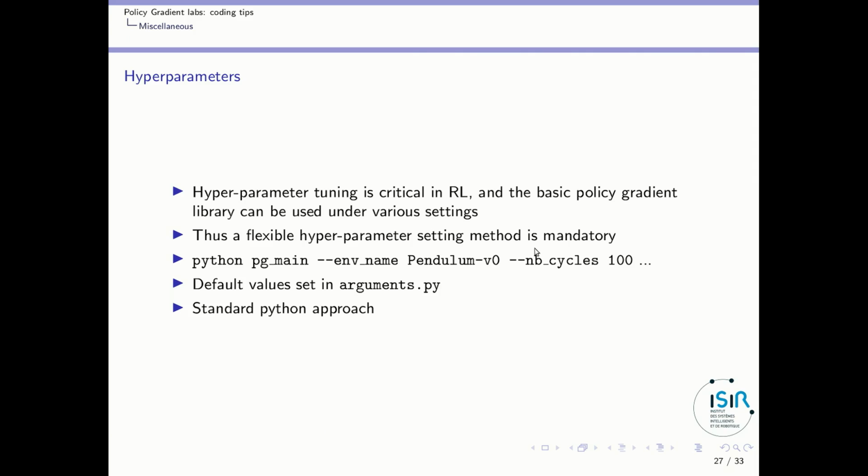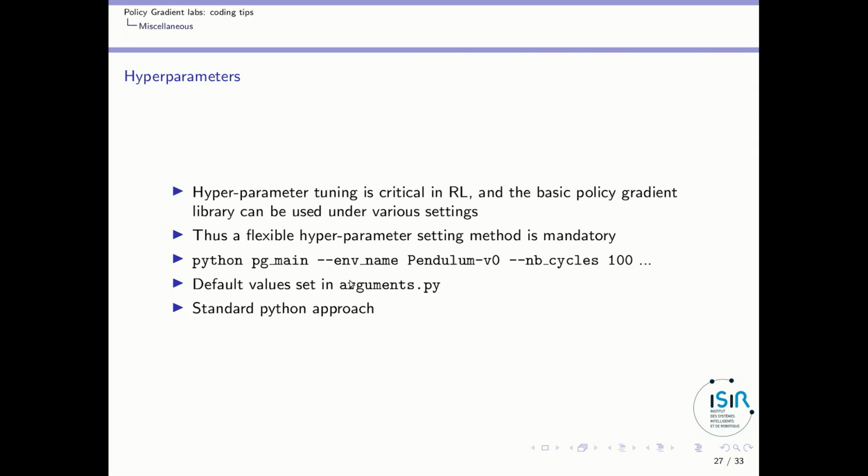But also one important point is that when you are calling the code, you can specify the hyperparameter setting that you want. So for instance, you can call python policy gradient main. That's one of the main functions, you will see this afterwards. And then I specify that the hyperparameter name takes as value pendulum v0. The parameter number of cycles takes the value 100, etc. If I don't specify the value, then it takes the default values which are set in arguments.py.